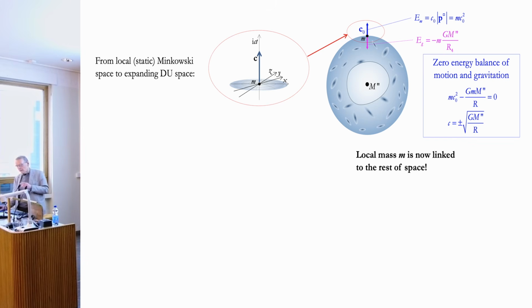Once we study the energy balance between the motion and gravitation, we find out the inertial work, which now can be identified as the imaginary part of the complex rest energy. We like to express that in complex form.